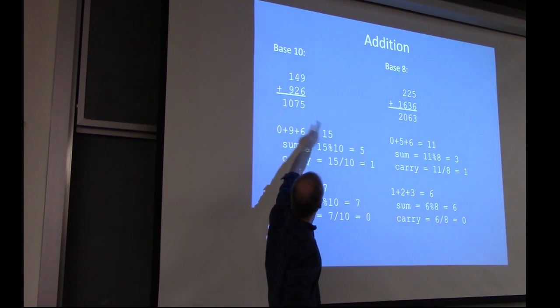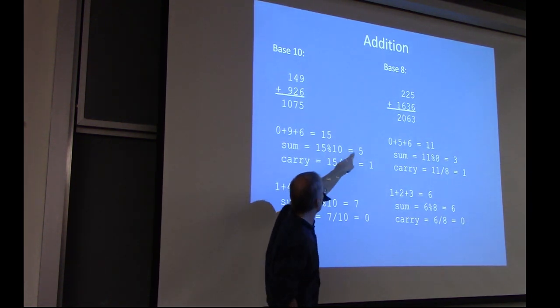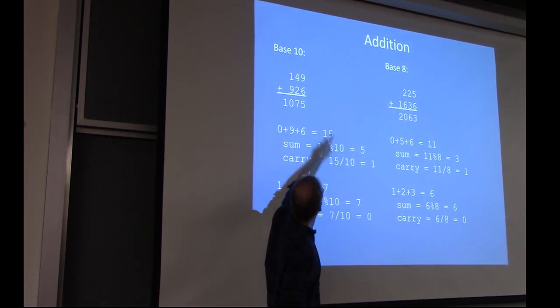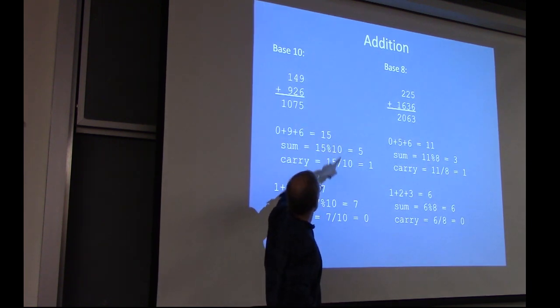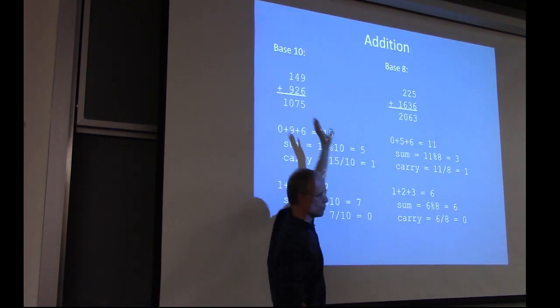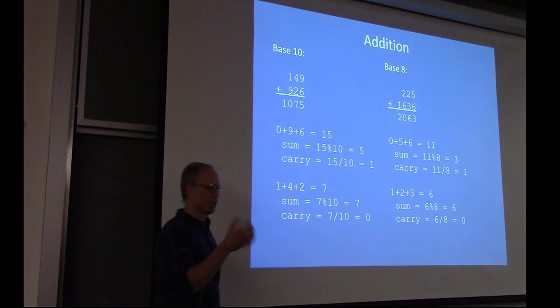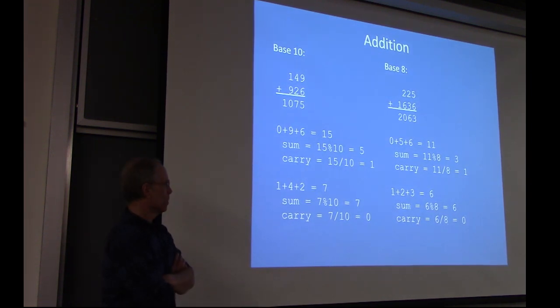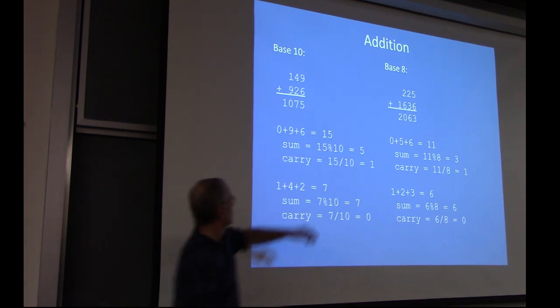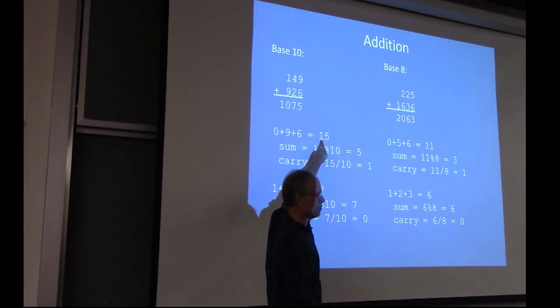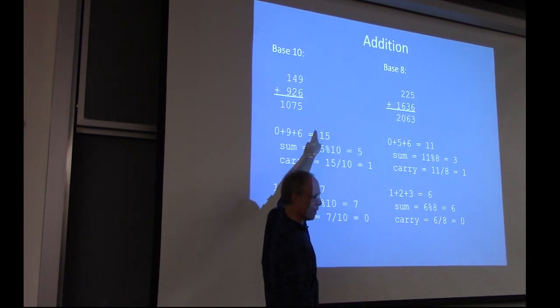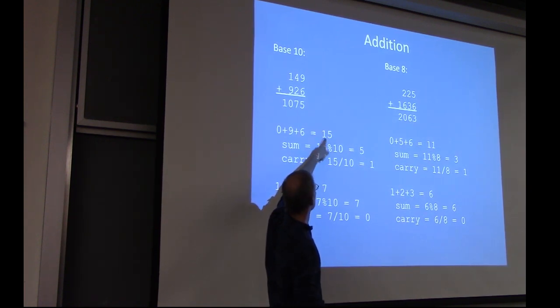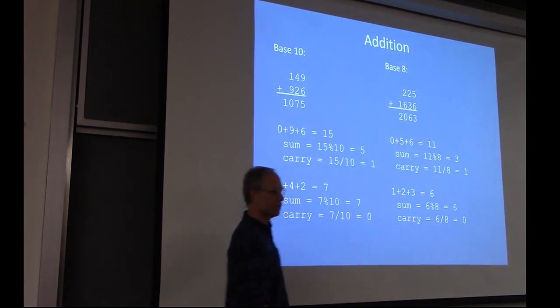So we just take the sum and take it mod 10, and we get 5. So you take the sum, mod the base, and that's what you write there. You take the sum and divide it by the base, and that's what you carry. So you can describe this in terms of mod and division. And because you're working in base 10, it's simple to take mod 10 of this. You just take the last digit, and to take div 10, you take the first digit. But essentially, you're doing a mod and a div.